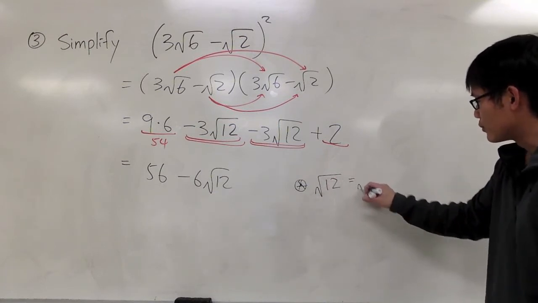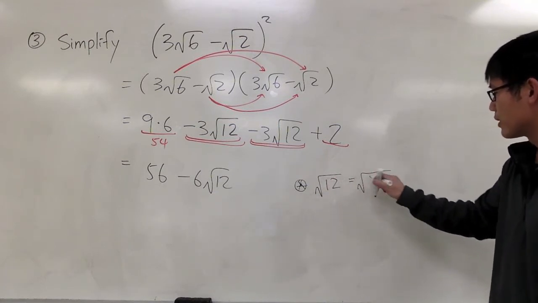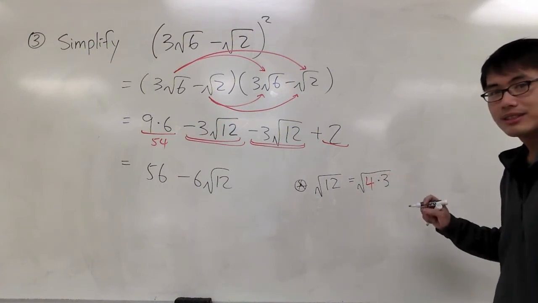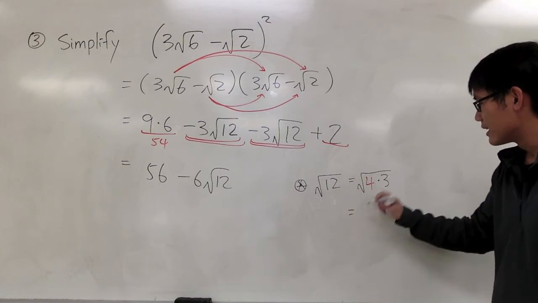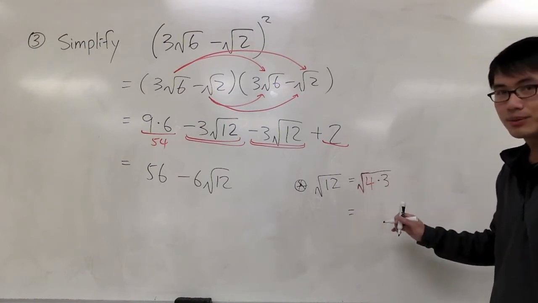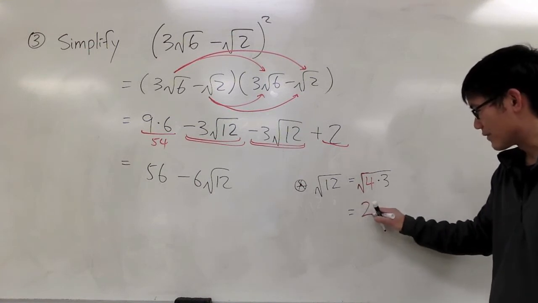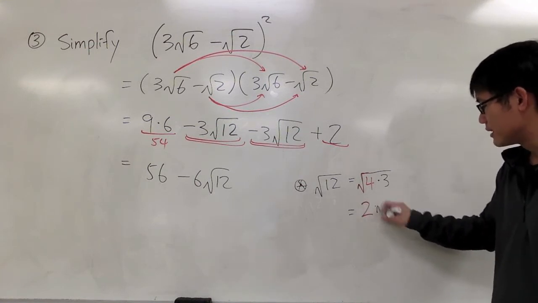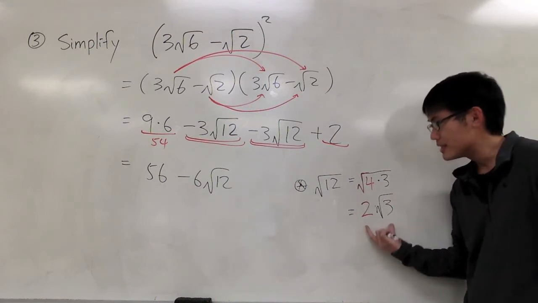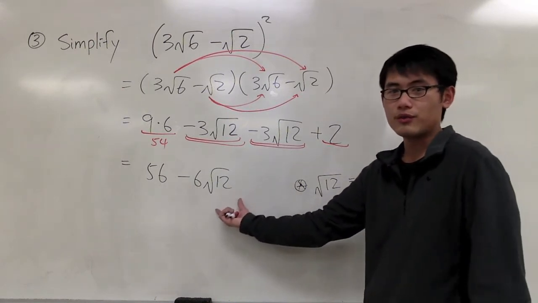Square root of 12, I will write that as square root of 4 times 3 inside of the square root. But then the square root of 4 right here, that turns out to be a regular number 2. So I have 2 times square root of 3. We're going to use this to replace square root of 12 right here.